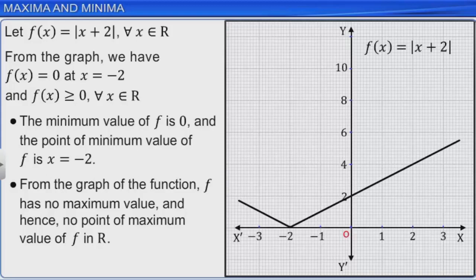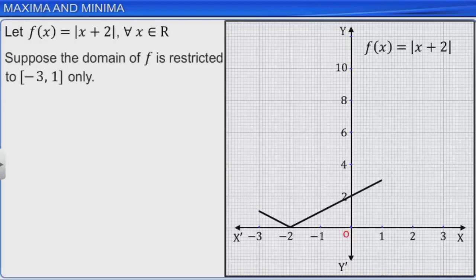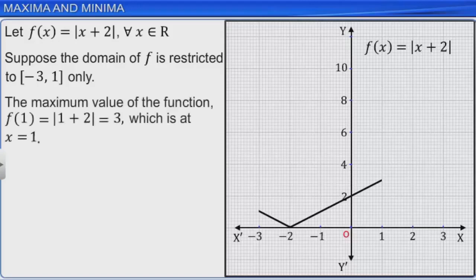For example, let us restrict the domain of the function f to closed interval [-3, 1]. In this case, the maximum value of the function is 3, which is at x = 1.